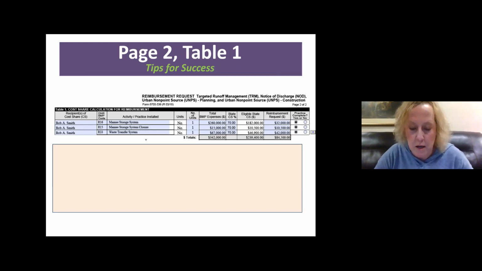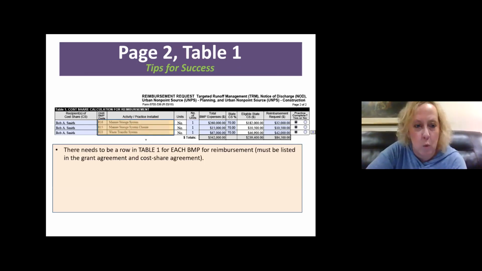Okay, so we're going to just go through another example here and provide some tips for success, including completing table 1. So there needs to be a row in table 1 for each BMP that reimbursement is being requested. So you can see here, each BMP has a row.